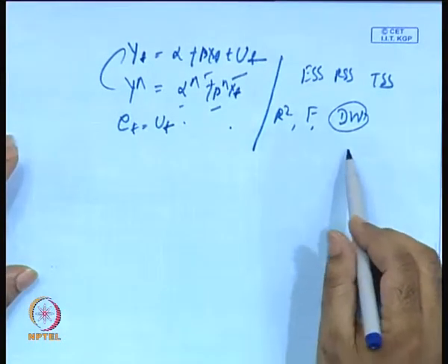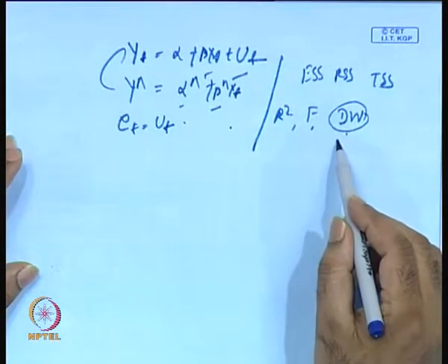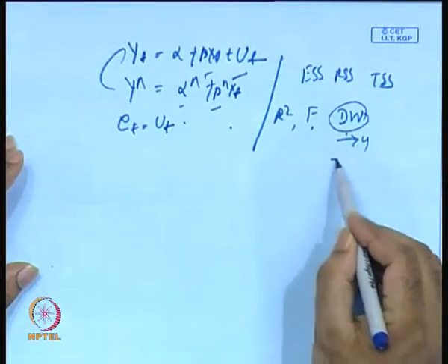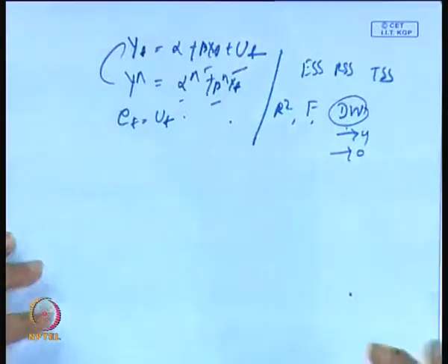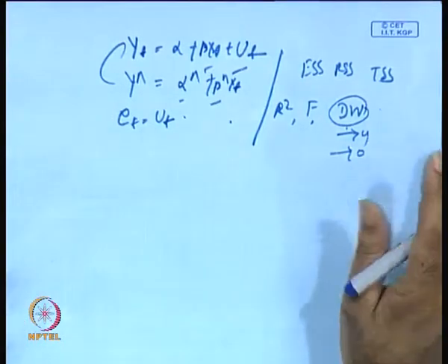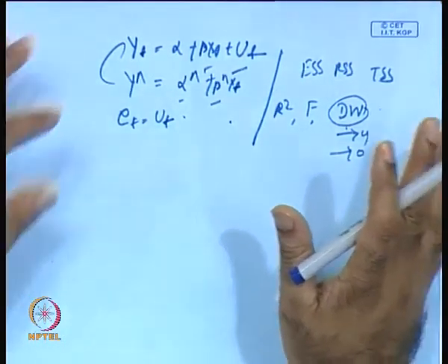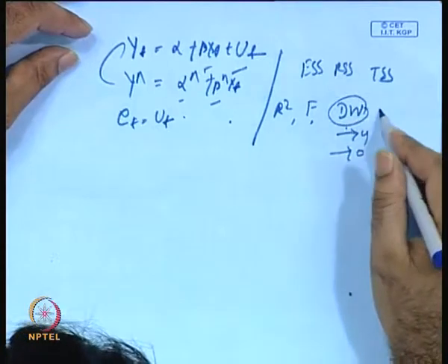Now if the Durbin-Watson statistic is close to 4, or close to 0, then obviously you need to find some solution, and accordingly test where the exact problem is in the process. If there is such autocorrelation, this is how Durbin-Watson will give you an indication.